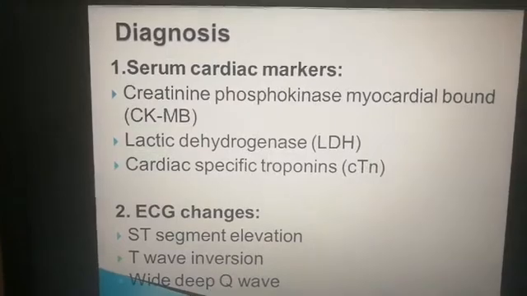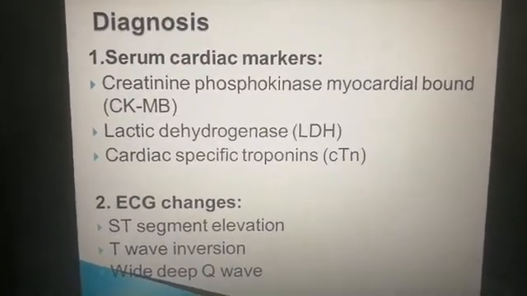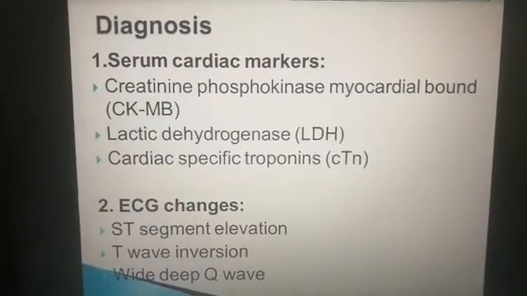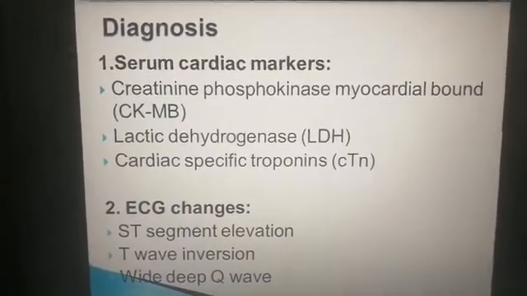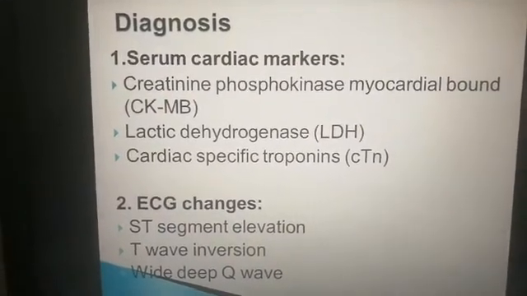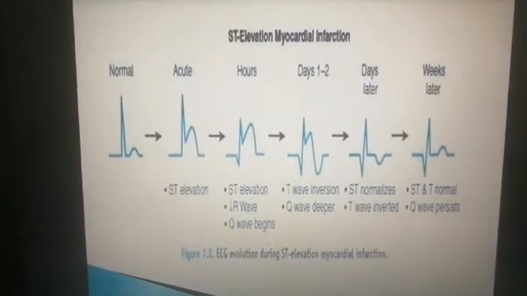These three are the cardiac markers. And then ECG changes: ST segment elevation, T wave inversion, wide deep Q wave. You have seen these ECG changes in the previous slides, and they can also be shown here.